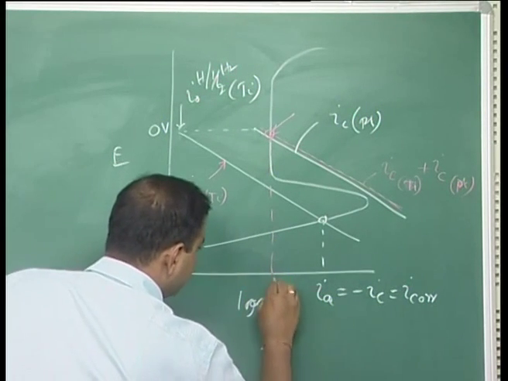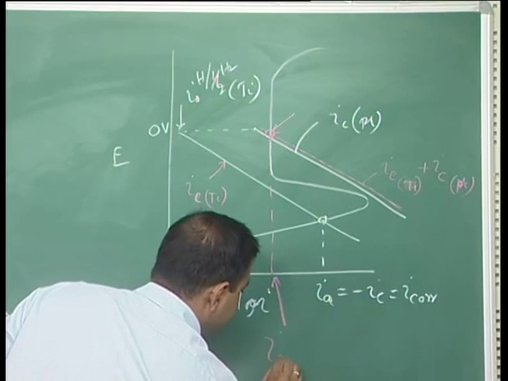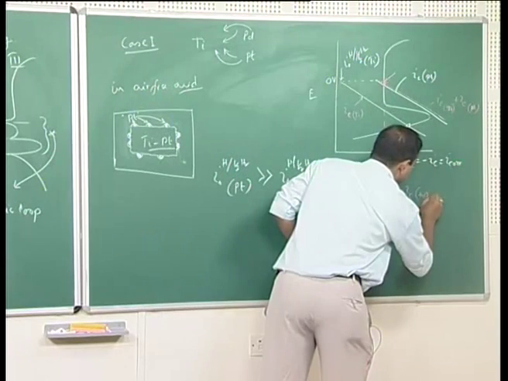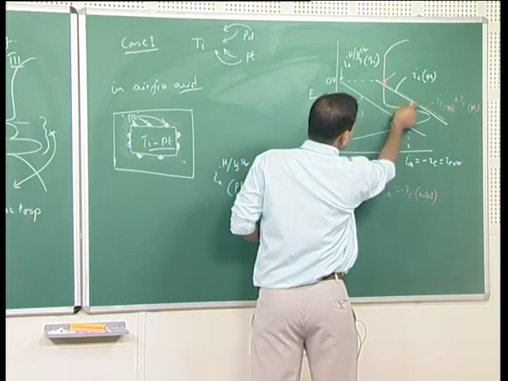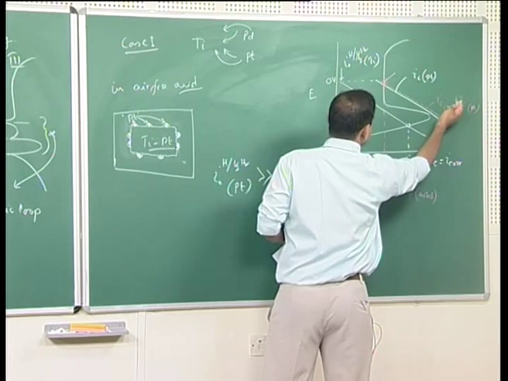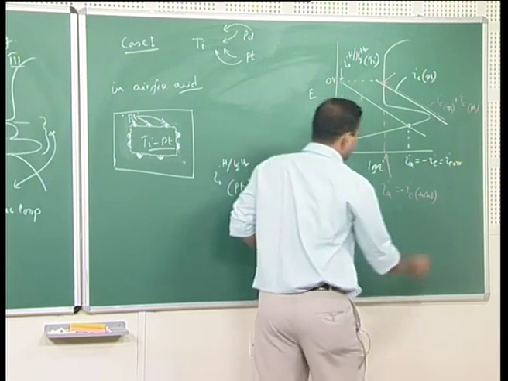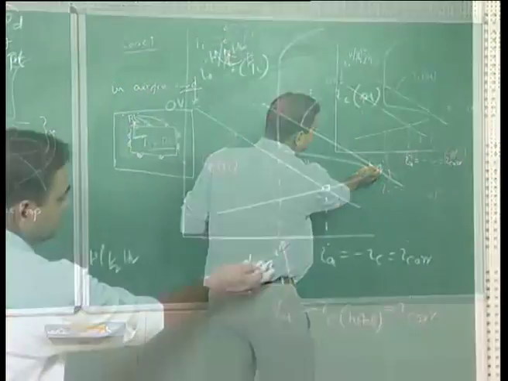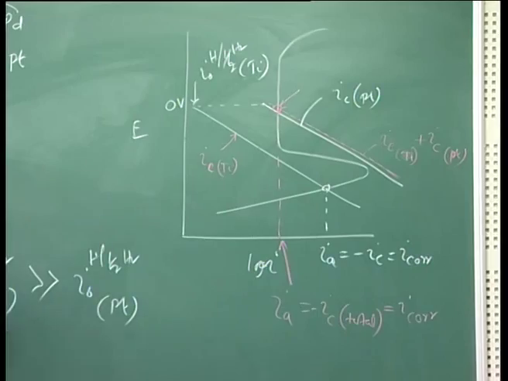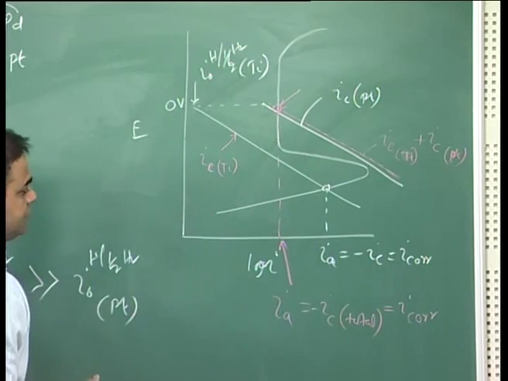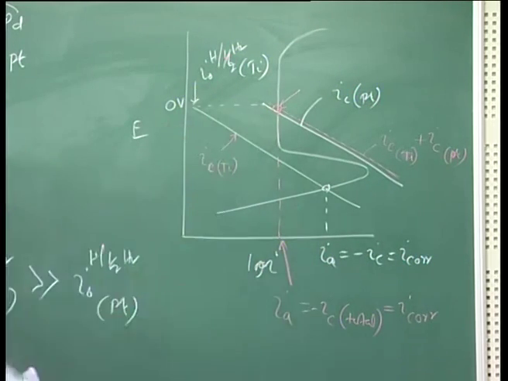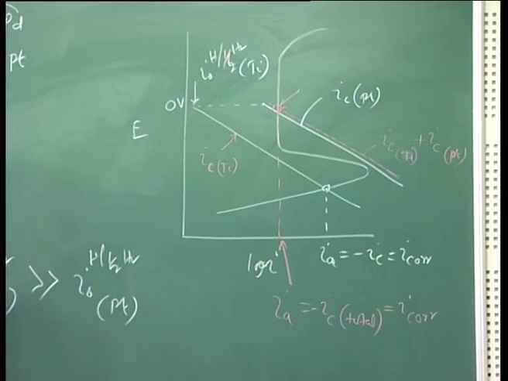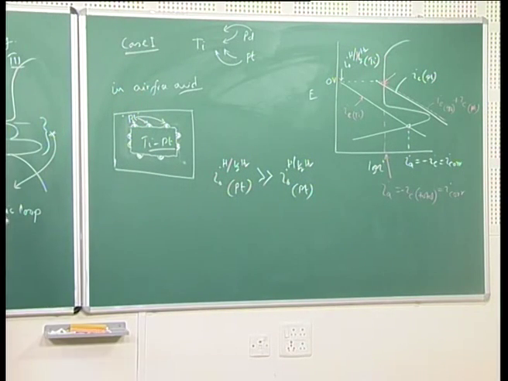This is my new corrosion current, IA equal to minus IC total, since this red curve is basically the total of IC on titanium and IC on platinum, equal to I corr, and this is in log scale. Once you have this platinum enrichment, your I corrosion goes to the level of the passive region. So, you are attaining stable passivity, and the corrosion rate of titanium will reduce to a great extent.